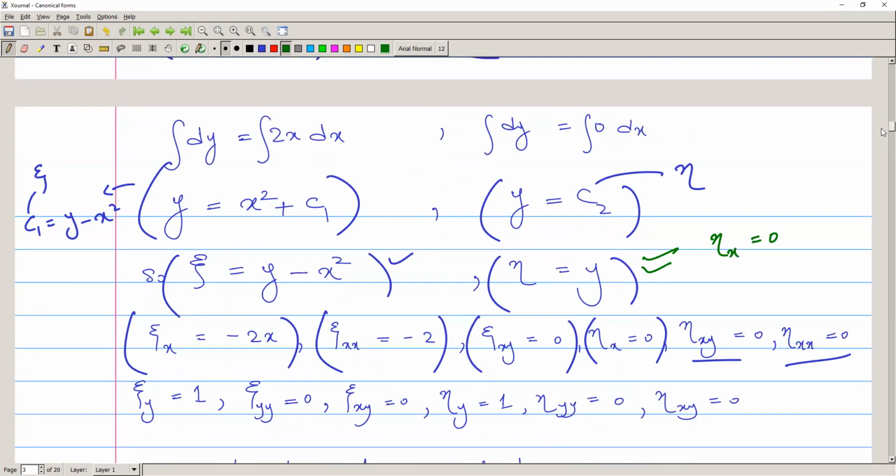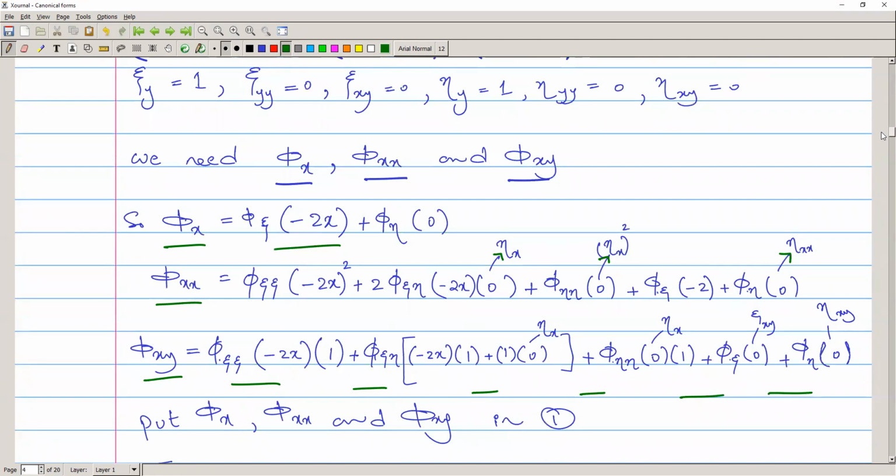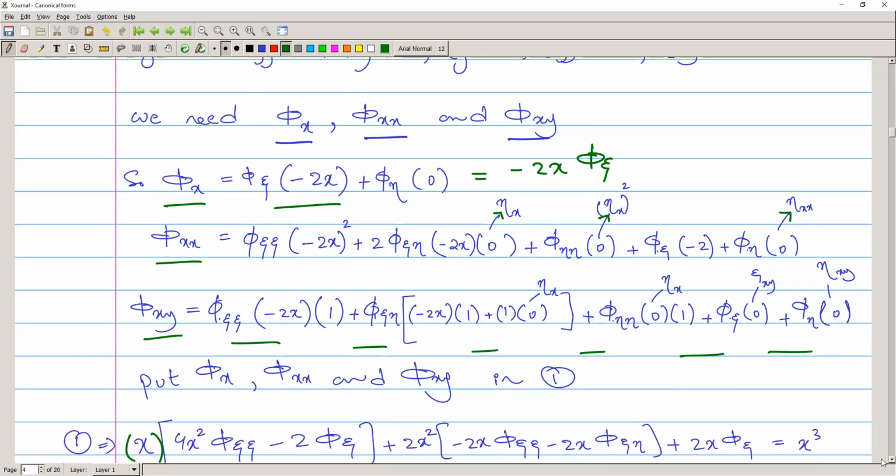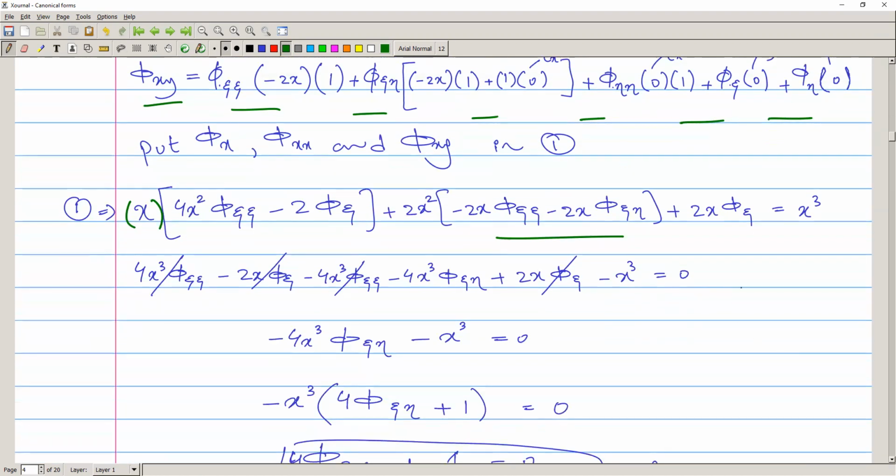So what's phi x? We can see that phi x from here is negative 2x phi psi, right? So we can write that instead of phi x. So here we write, and x cubed as it is. We will simplify. So these will cancel out, right? This with this with this, and we will only be left with these two terms, right?